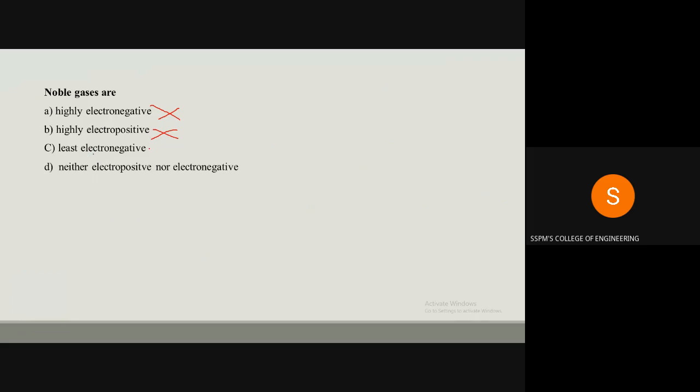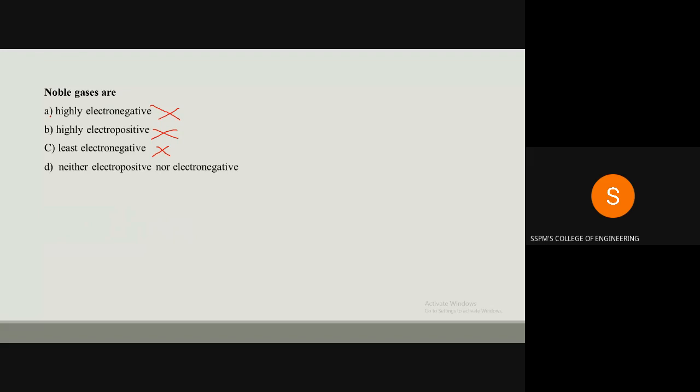Less electronegative is also an incorrect option, because noble gases are called inert gases and do not react with any other compound. Highly electronegative is incorrect, highly electropositive is incorrect, and least electronegative is also incorrect. So the correct option is neither electropositive nor electronegative.